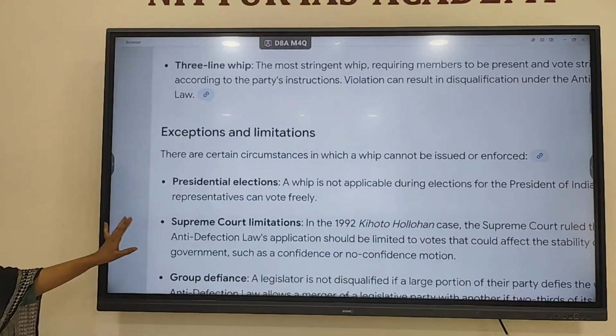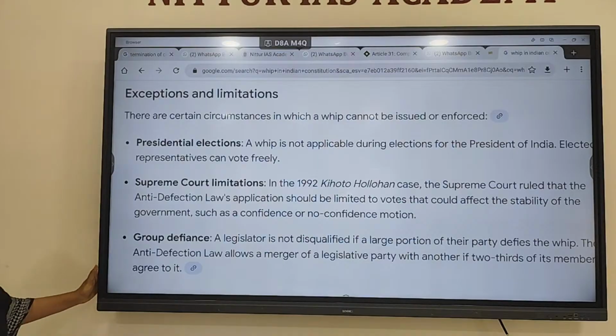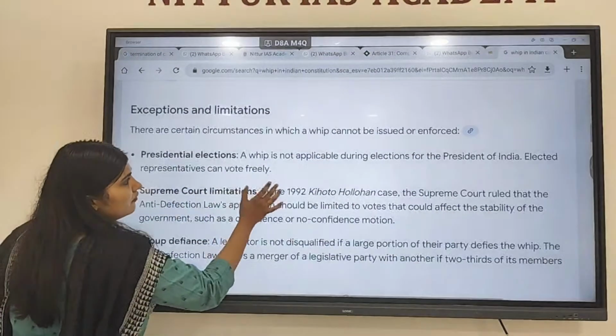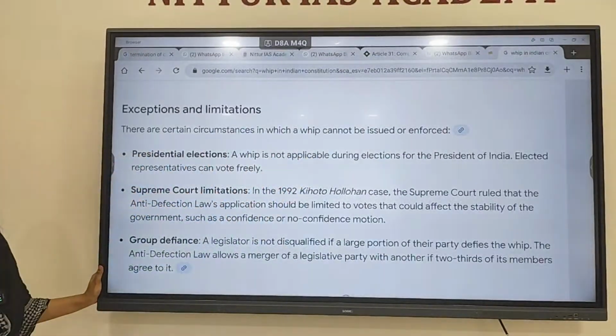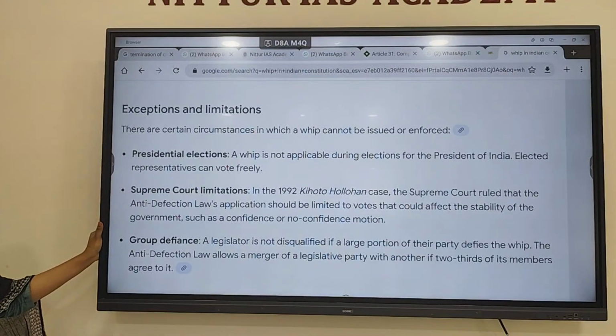Where the exceptions and limitations apply is the presidential elections. Very important: the whip is not applicable for the presidential election. All the MPs of Lok Sabha and Rajya Sabha, irrespective of political party, can vote for the respective candidates for the presidential election. Even if you are from the BJP, you can vote for the Congress presidential candidate.